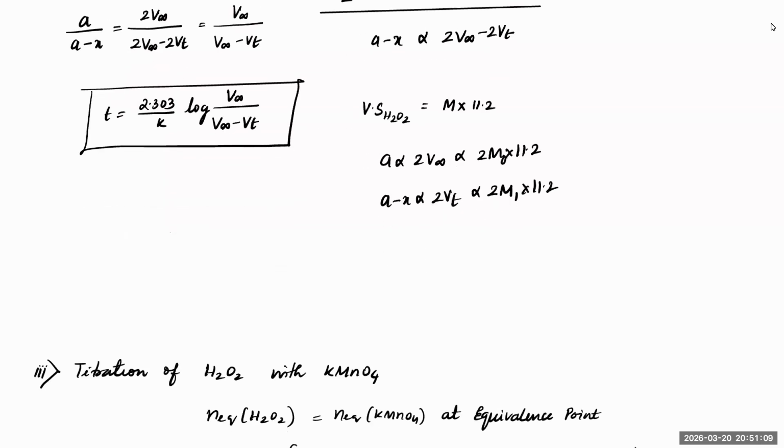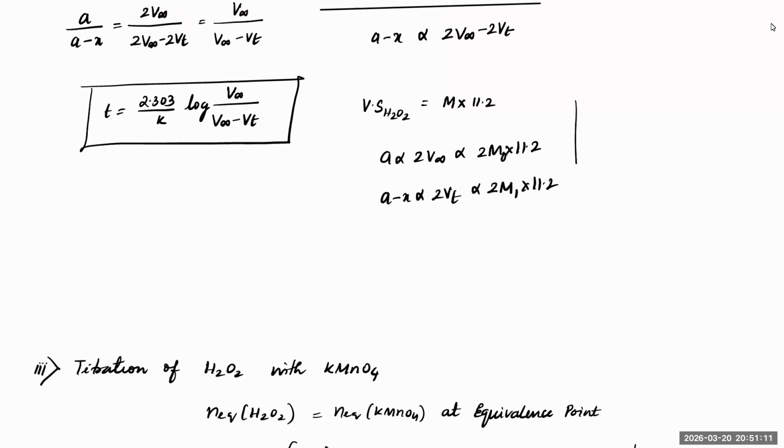So we could write this as m naught minus m1, m naught by m1. So we can write this as A by A minus X is proportional to m naught by m1. Got it?